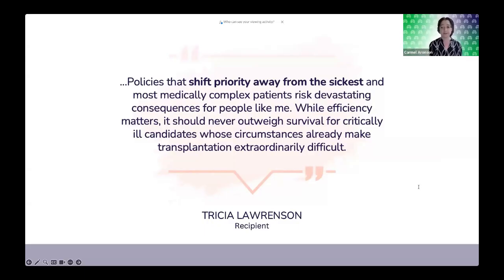While efficiency matters, it should never outweigh survival for critically ill candidates whose circumstances already make transplantation extraordinarily difficult." On behalf of lung transplant candidates, recipients, and community members, I thank you for your time and attention.